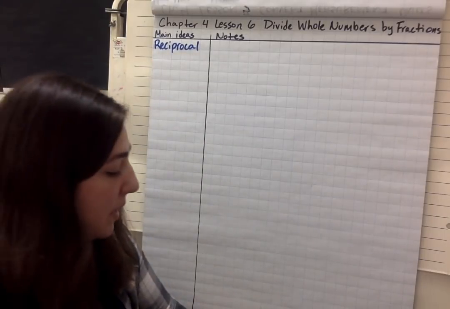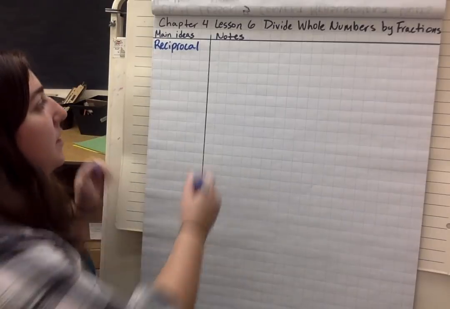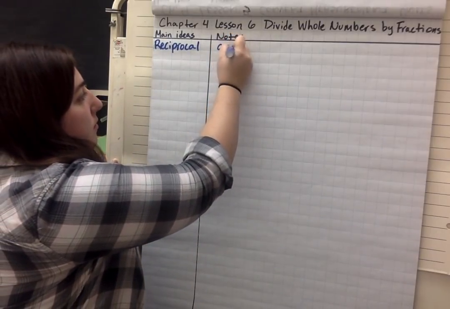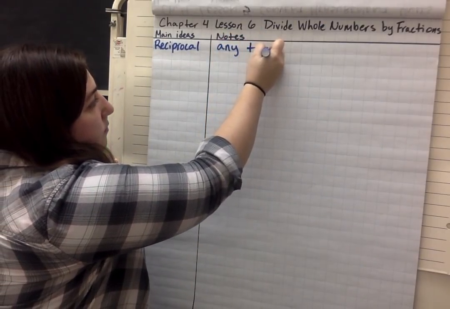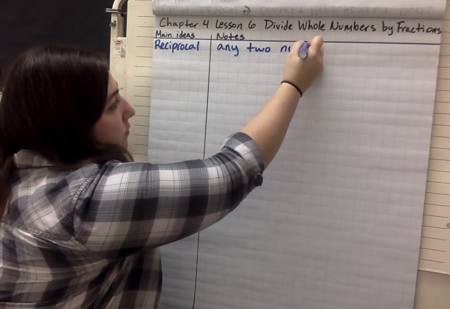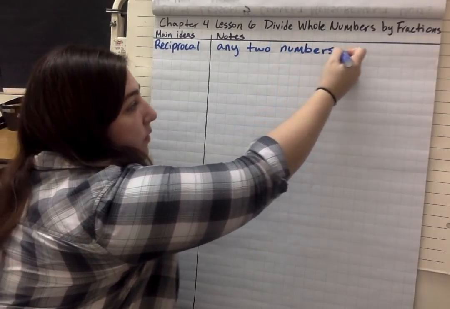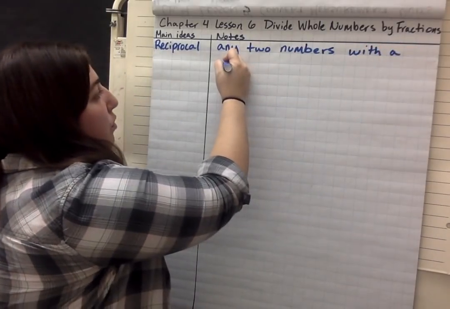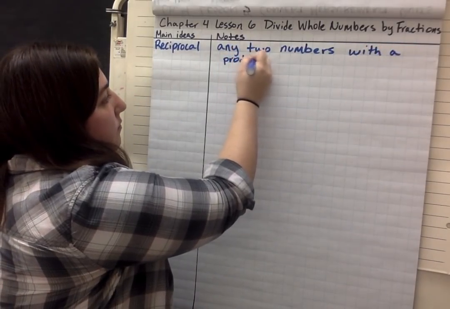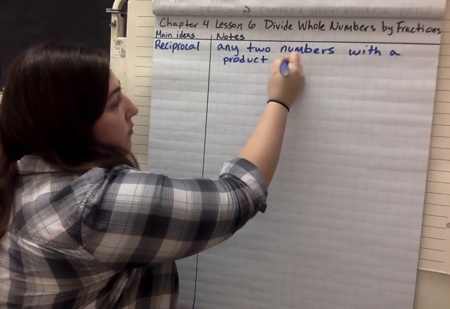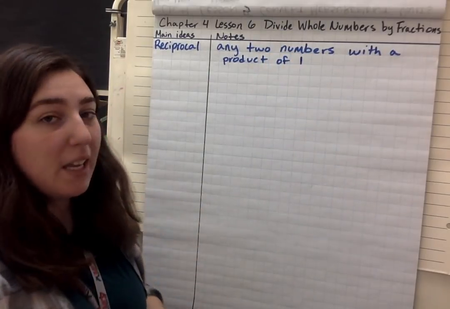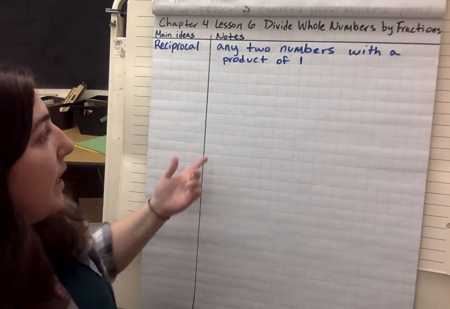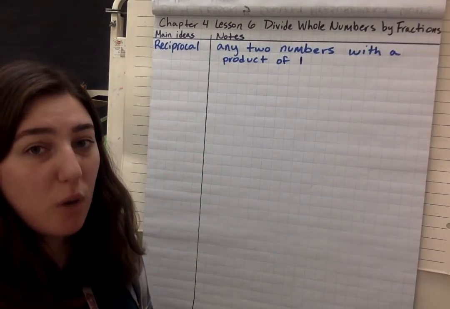And what that means is any two numbers with a product of 1. So again, a reciprocal is any two numbers with a product of 1.